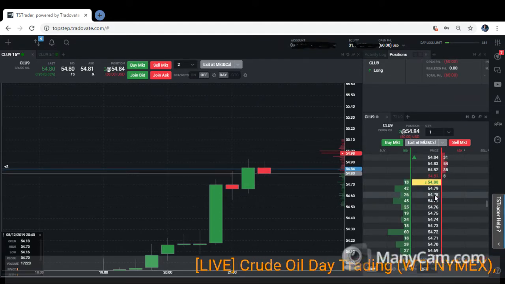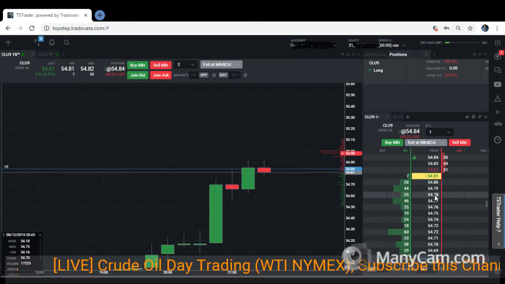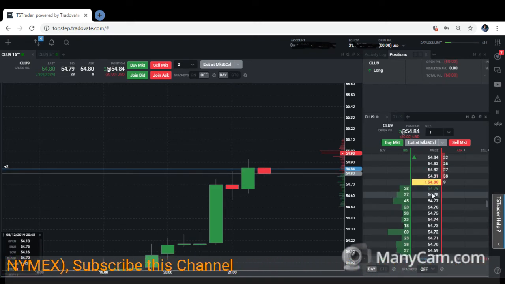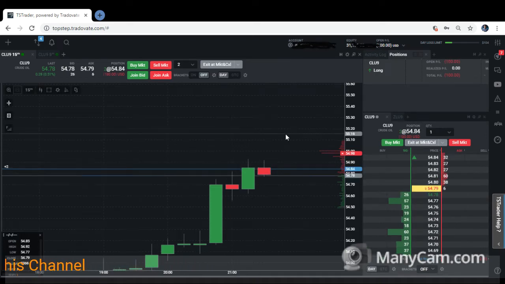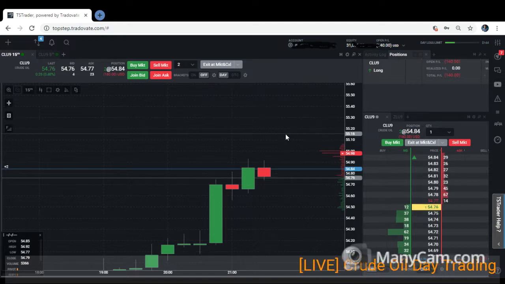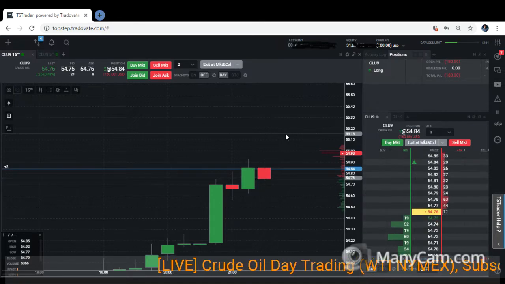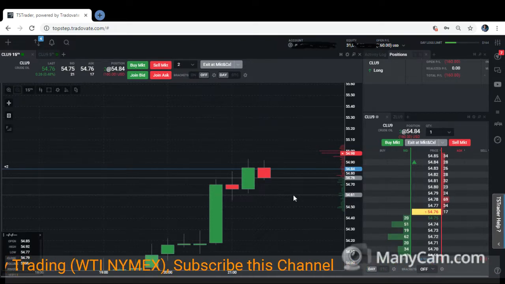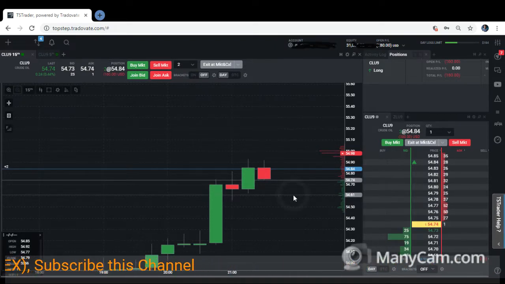Okay, another 1 more minute. No, sorry, this is the 15 minute time frame, so it should be about 11 minutes. Need to be careful. I have to exit if the price falls back to 54.61.